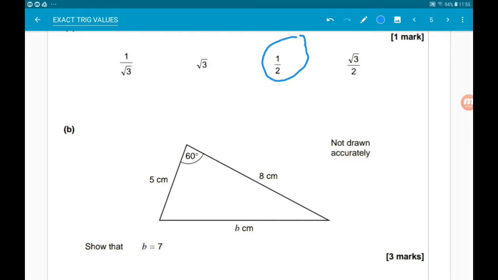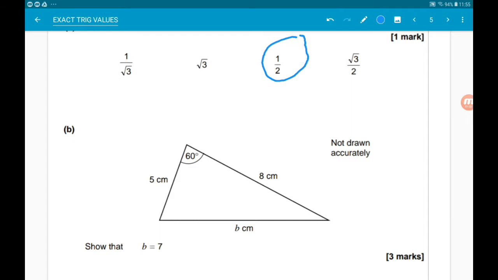So there's a big clue from what we've done in part A. We have found cos of 60. We're in a non-right angled triangle, so we're going to need the cosine rule.